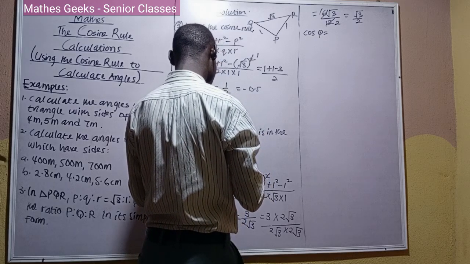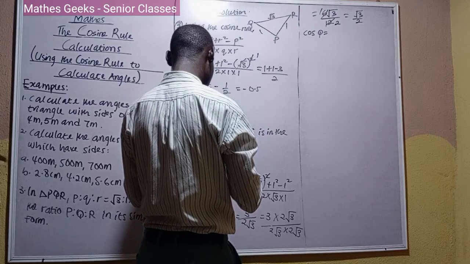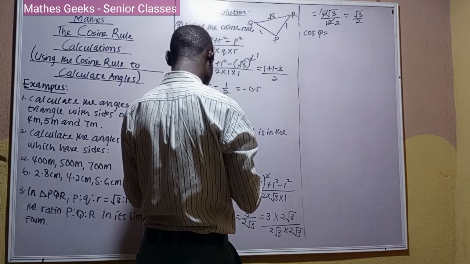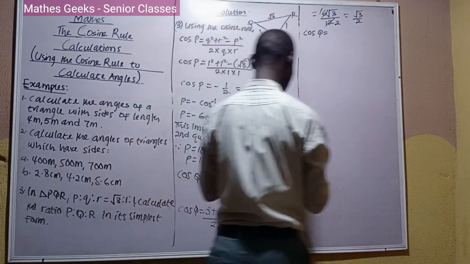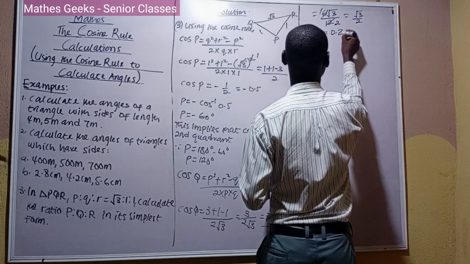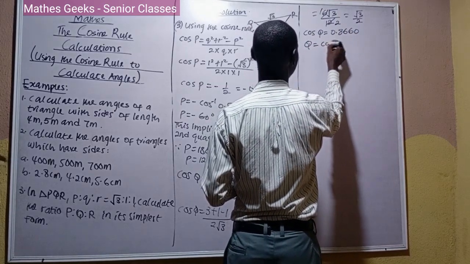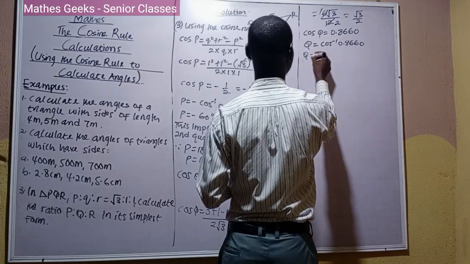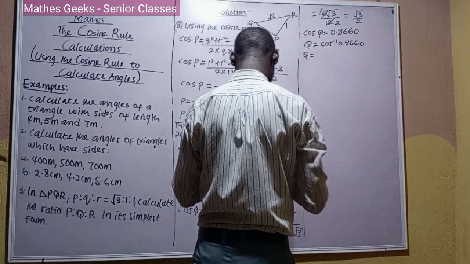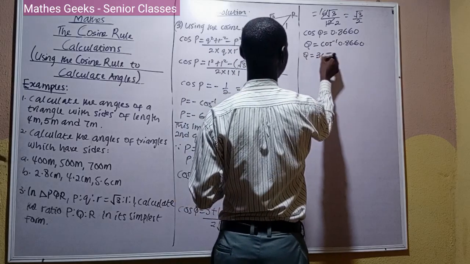Root 3 divided by 2 is 0.8660. So Q is equal to arc cos 0.8660, and Q is equal to, shift cos, 30 degrees.